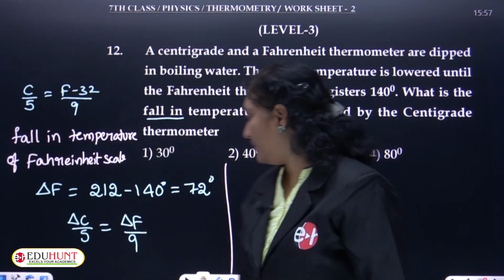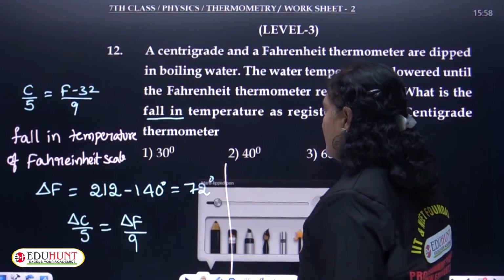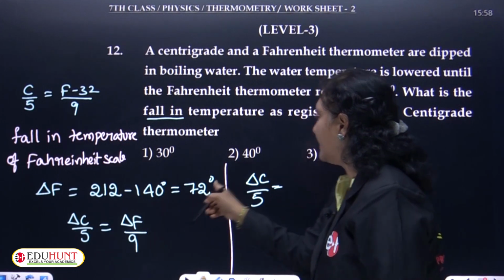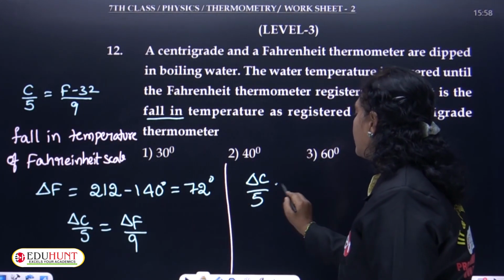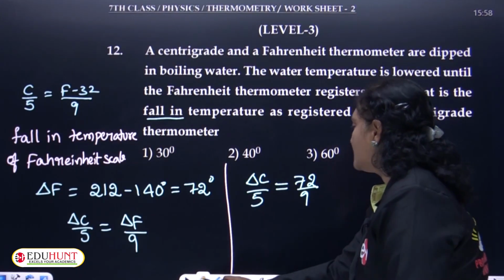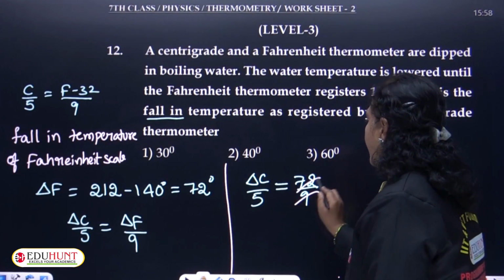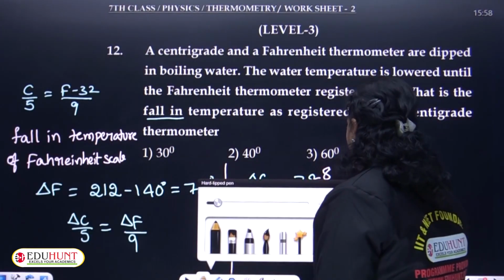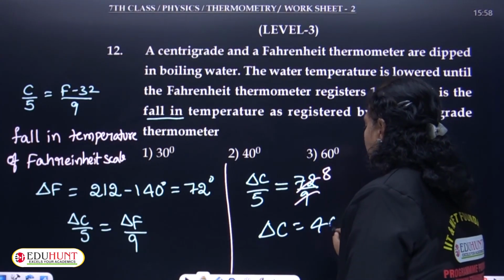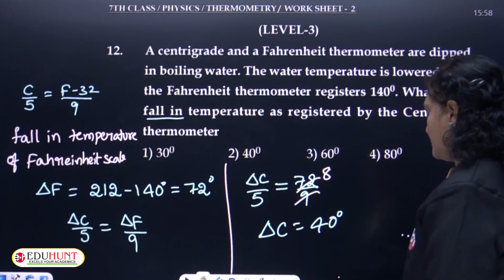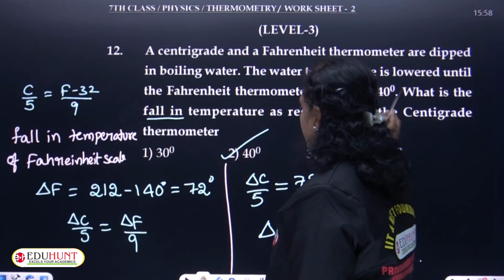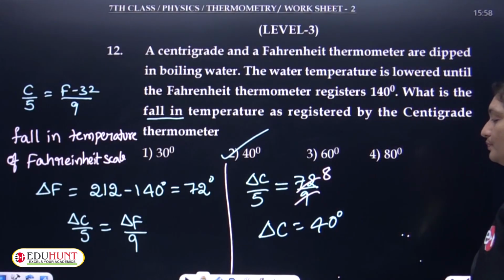Hence, substituting, delta C, which you are asked to find, upon 5 is equal to delta F, which we just calculated as 72, upon 9. As we know, 9 times 8 is 72, hence the value of delta C is found to be 5 times 8, which is equal to 40 degrees. Therefore, the correct option is 40 degrees, so the second option must be true.